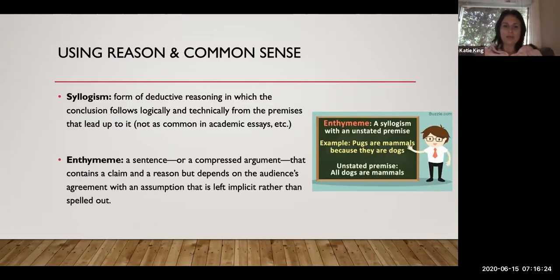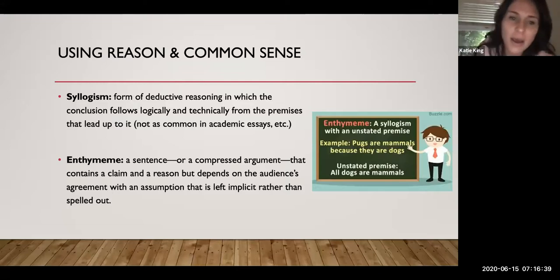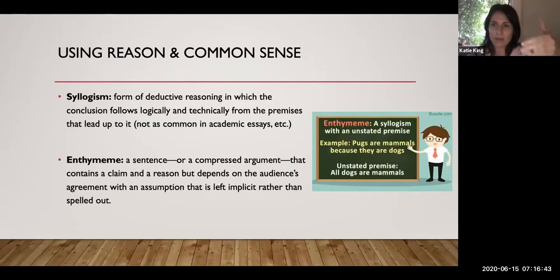Algebra is great in that, you know, it's math and you can come up with a correct solution, but it really sucks in that it's boring, right? Like you have to go through every single step in an algebraic equation to show how you got to the solution you got.